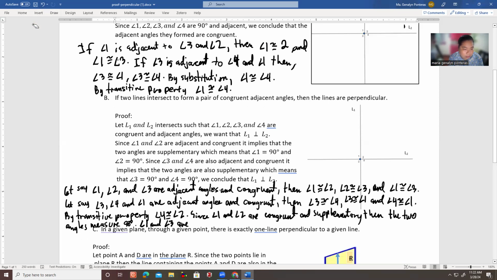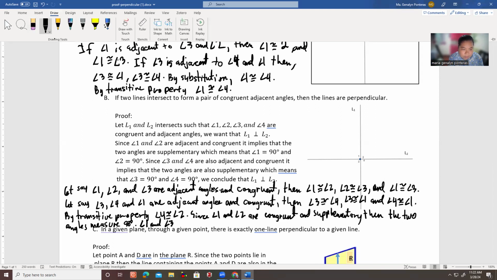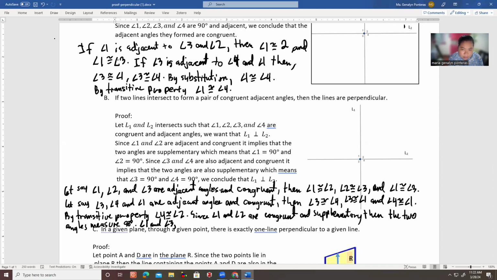Angle 1, angle 3, angle 3 and 4, angle 4 and 2 are supplementary. Therefore, their measure is 90 degrees.